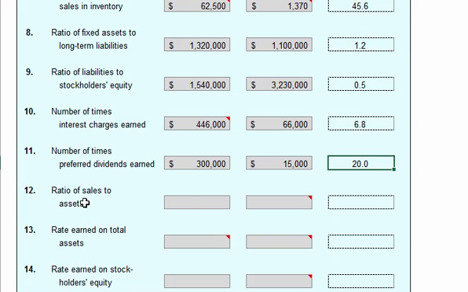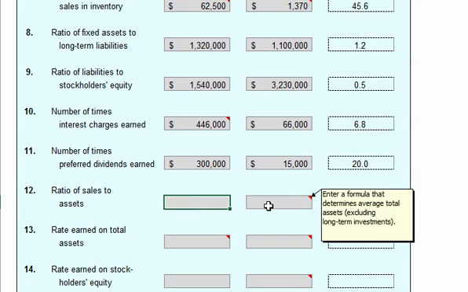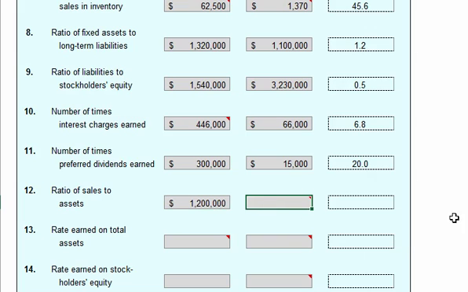Okay, next we have ratio of sales to assets. In the top, we're going to include sales. We go to the income statement there. It's $1.2 million for 2016. And then in the bottom, we're going to divide by average total assets, but we're going to exclude long-term investments.